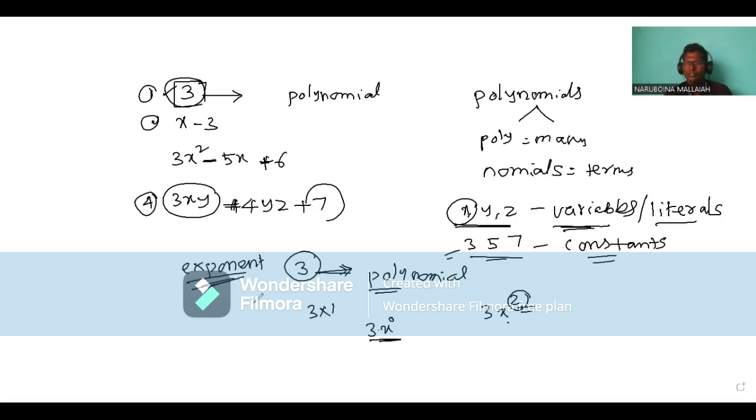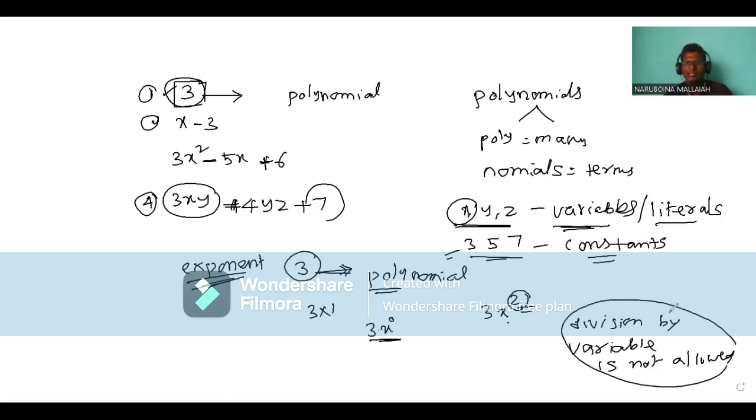I hope you understood clearly. Here, one exception is present, that is division by a variable is not allowed. Division by a variable is not allowed.